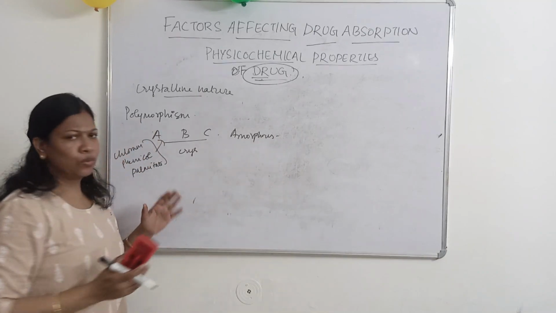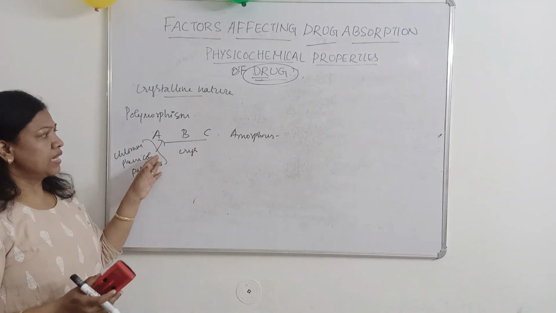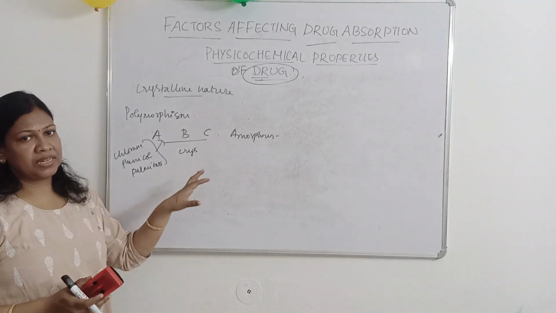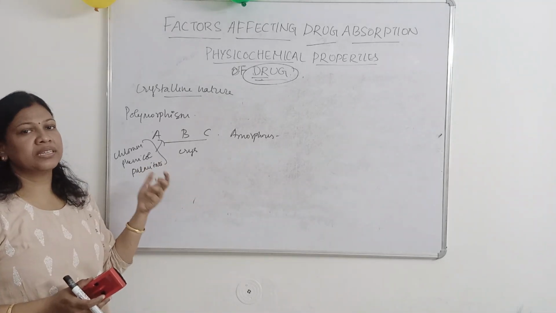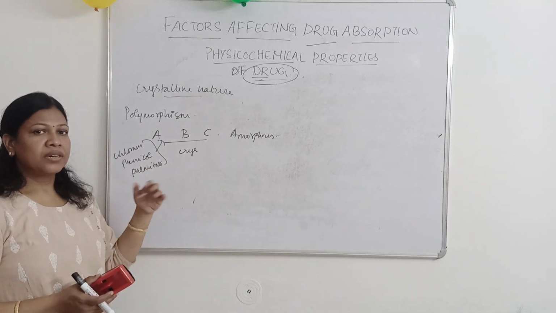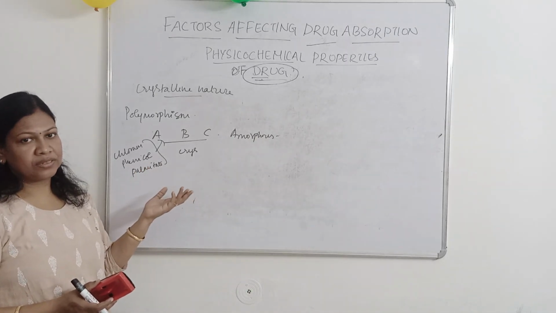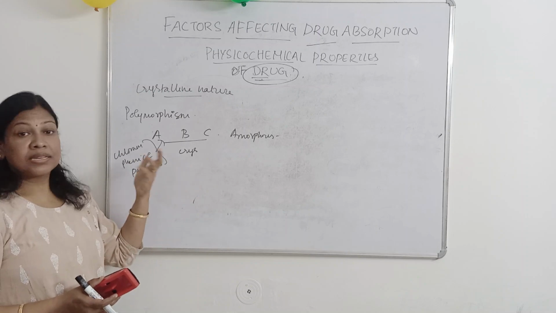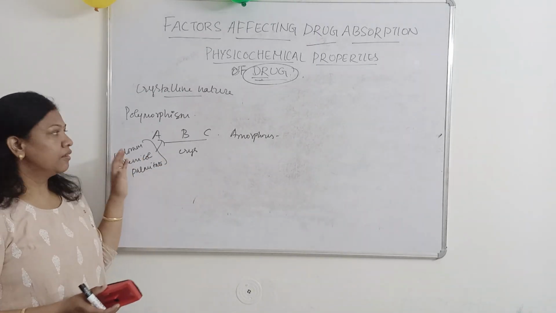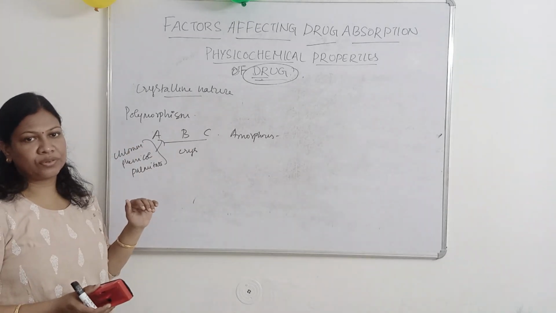So what are these polymorphic forms? They are similar in structure. Chemically they are similar, but they are different in their physical properties. That is, melting point may be different, density will be different for these forms, and XRD patterns will be different. That is, X-ray diffraction will be different in all the different forms.